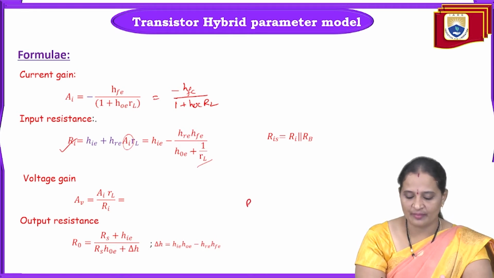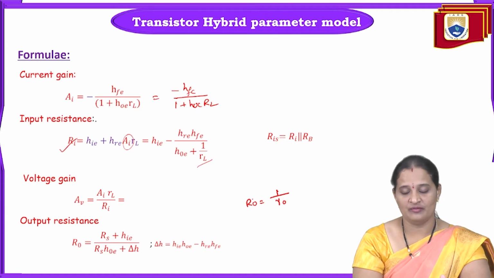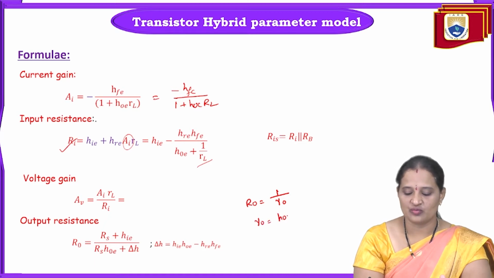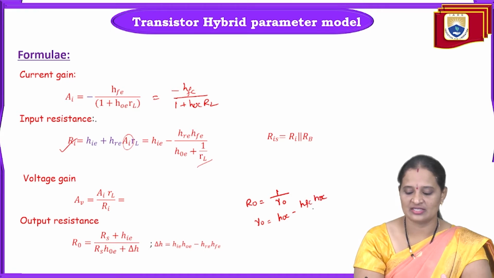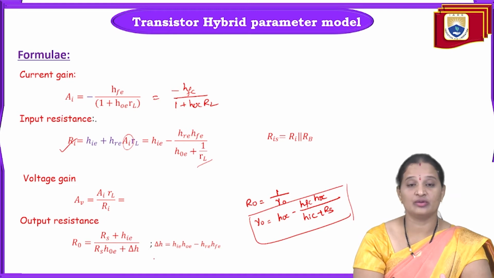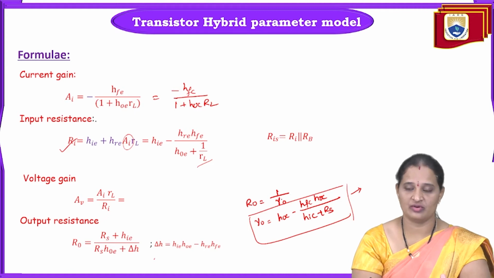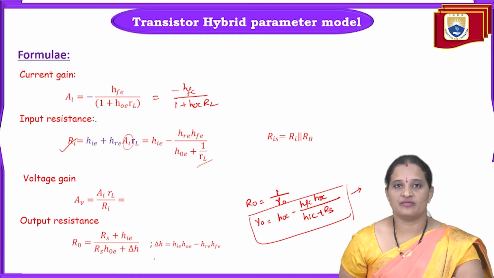One more formula is there for calculating R naught, which is equal to the reciprocal of Y naught, where Y naught is given by HOC minus HFC into HRC divided by HIC plus RS, as we are discussing the common collector. We can use either of these. Once Y naught is obtained, the inverse of Y naught is nothing but R naught, that is, the output resistance. These are the basic formulas.